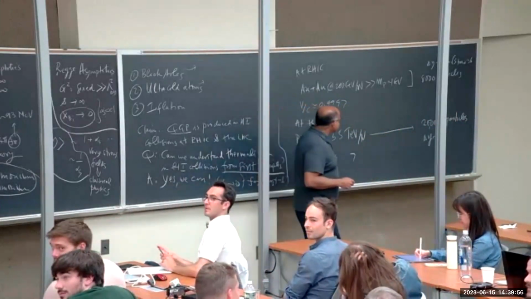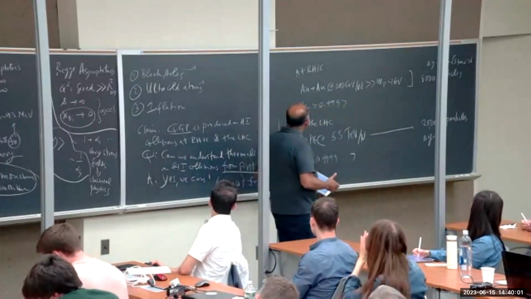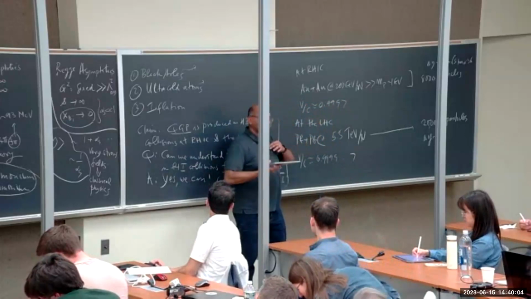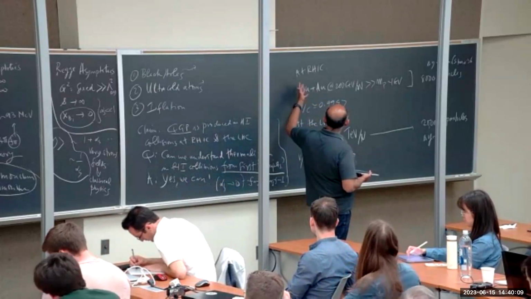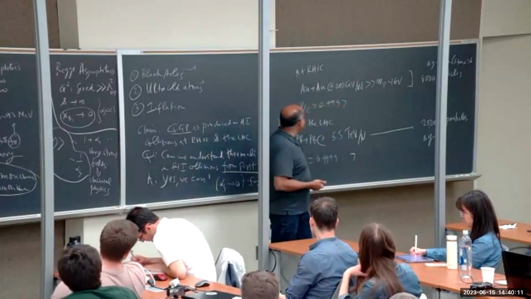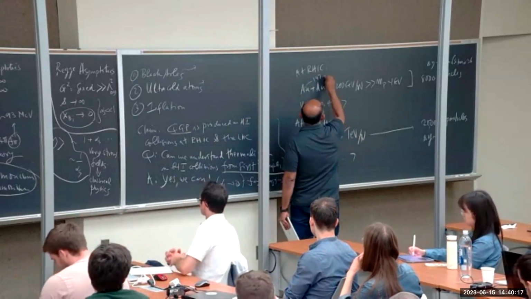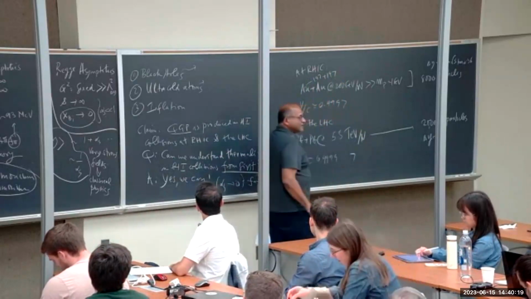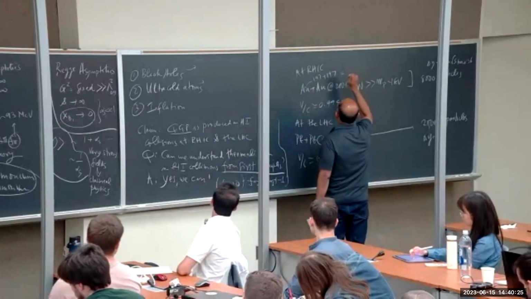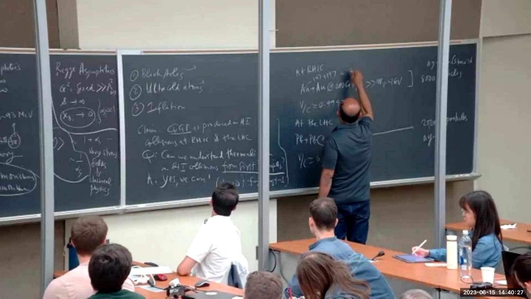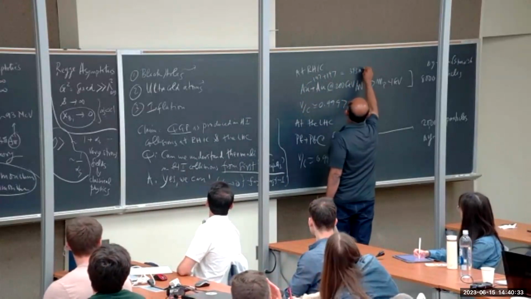So now, you have this very basic question, as if you're trying to explain this to your grandmother: how many quarks do you have in a gold-gold collision? Each gold nucleus has 197 nucleons, and each nucleon has 3 quarks.